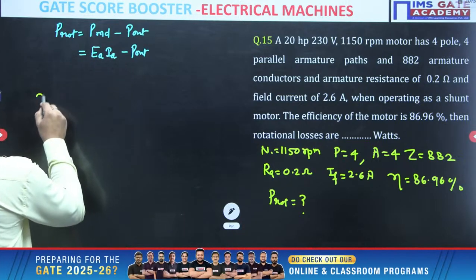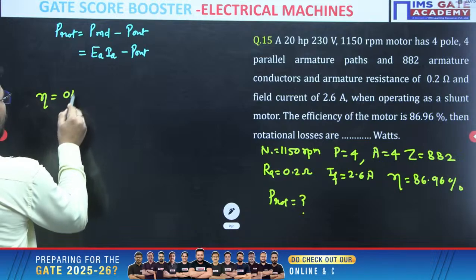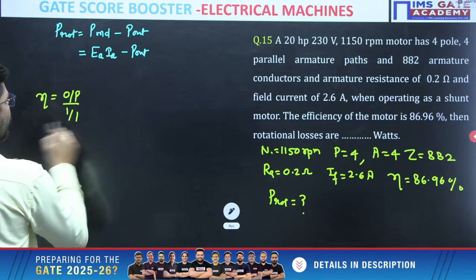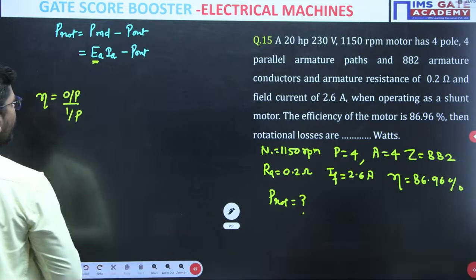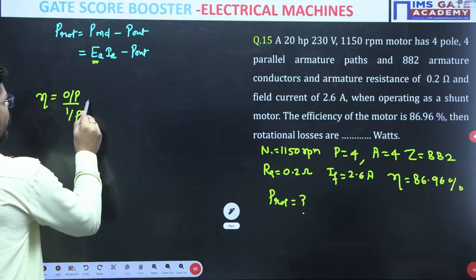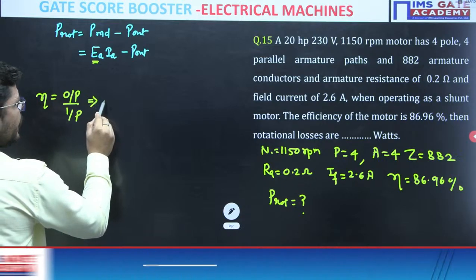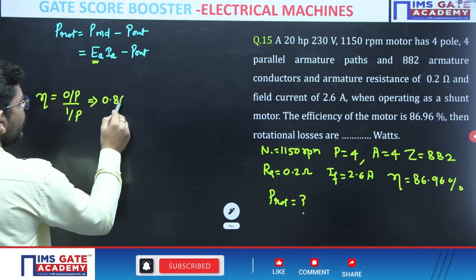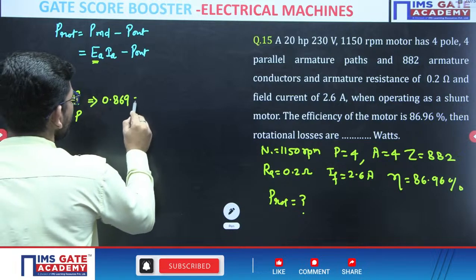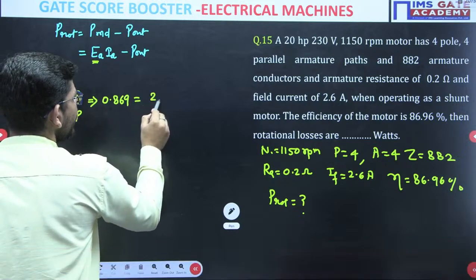So just see, eta will be output over input, right? We need to get EA. Now eta is given as 86.96, so 0.869 equals output over input. Output will be 20 horsepower.